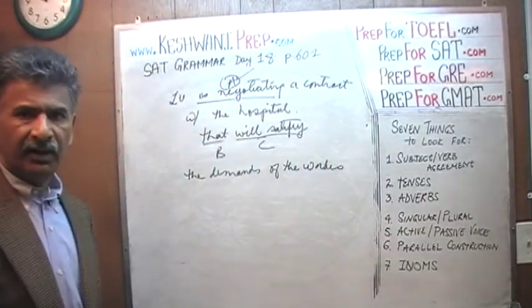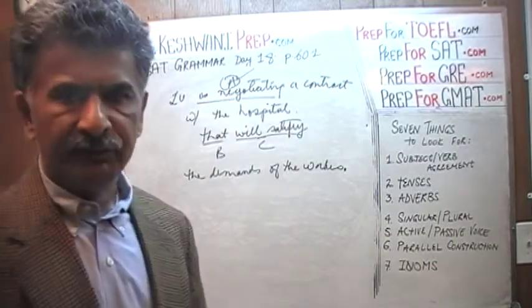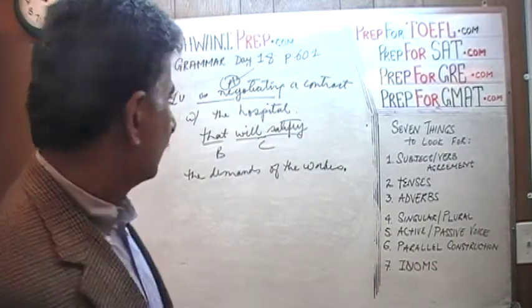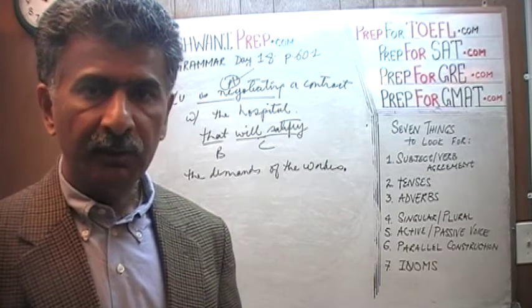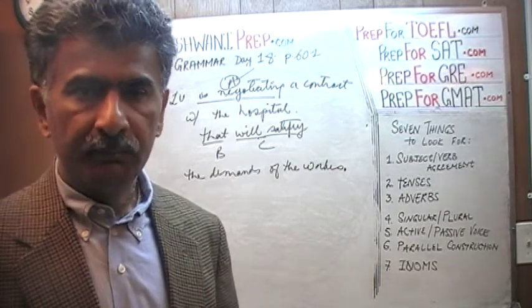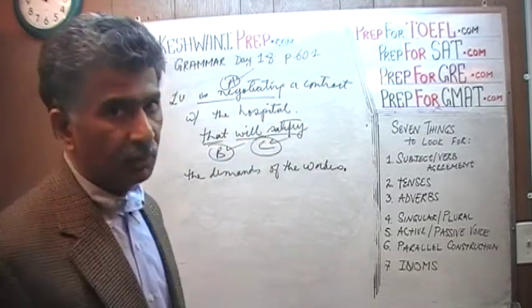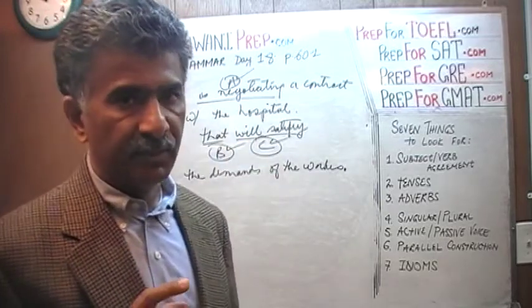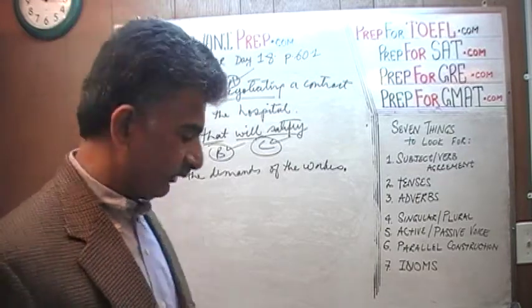Now, if this were the end of the sentence, the labor union is negotiating a contract with the hospital that will satisfy the demands of the workers, there is nothing wrong with it, which tells us that the answer is not B and not C. We do not know what the answer is, but it's not B or C. It's got to be either D, if something is wrong with D, or no error at all. Let's look at the rest of it.